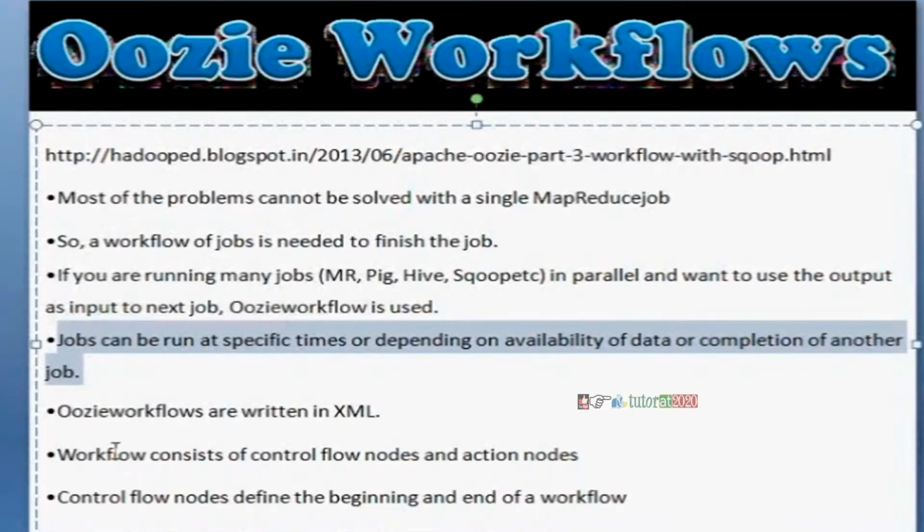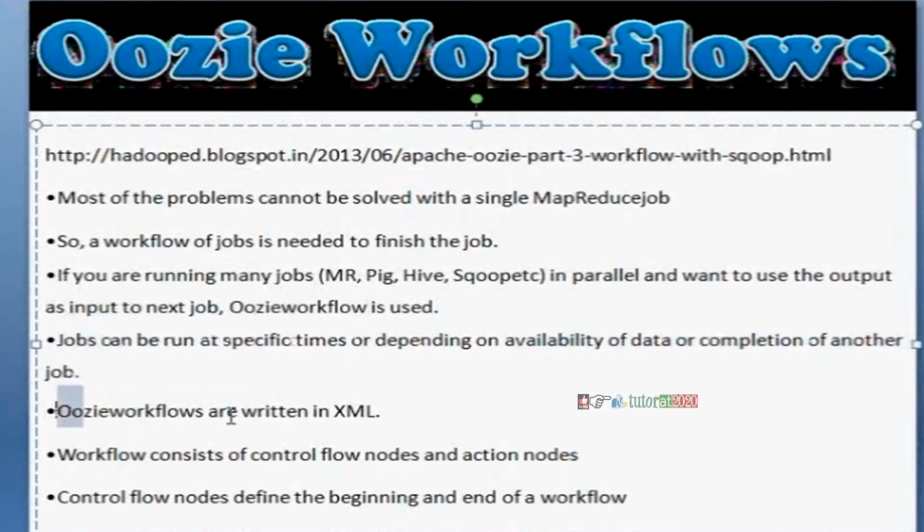So what is this Oozie workflow? We generally write the Oozie workflow using XML. The Oozie workflow looks like an XML file. In an XML file, we know there are root nodes, child nodes. If we want to write an XML file, we write it through XML nodes only.